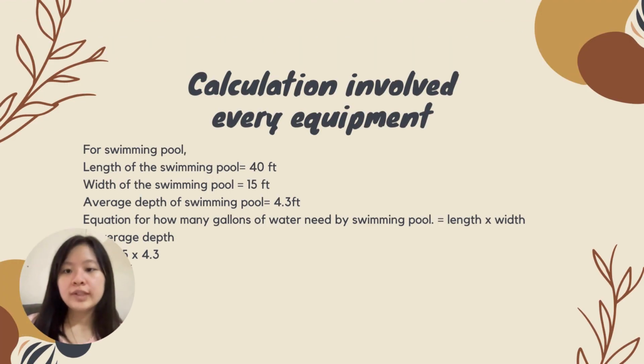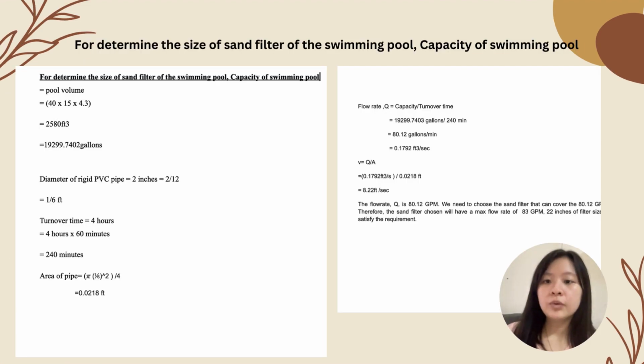For the swimming pool size, the length is 40, the width is 15, and the depth is 4.3. So we get the volume of the swimming pool, which is 2,580 cubic feet. Then we convert it into gallons, which is 19,299.74 gallons.